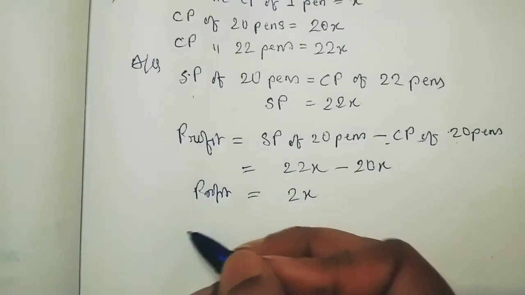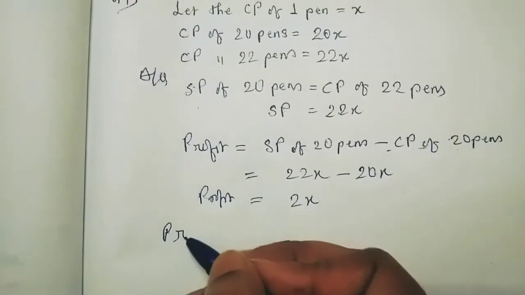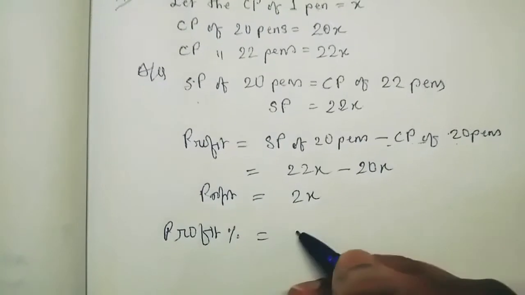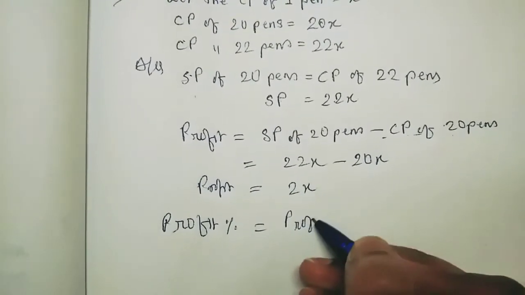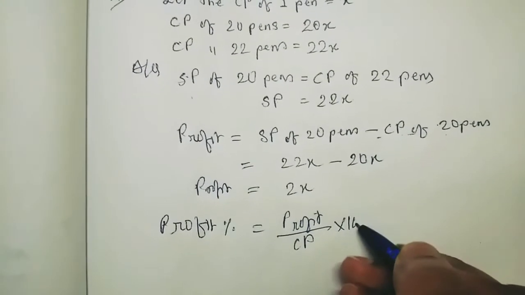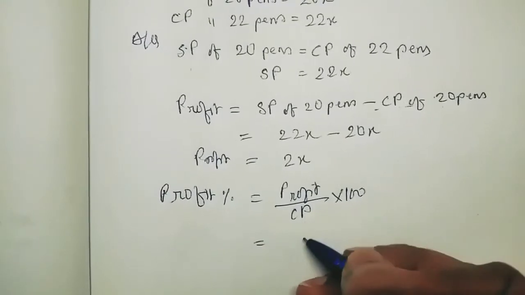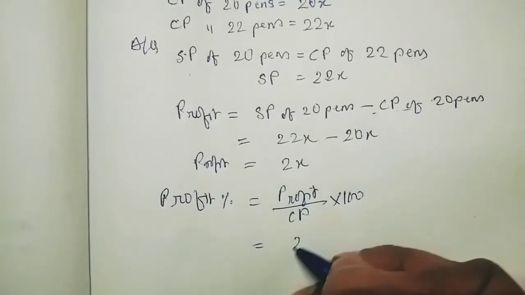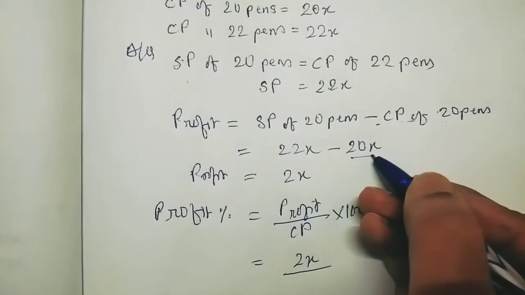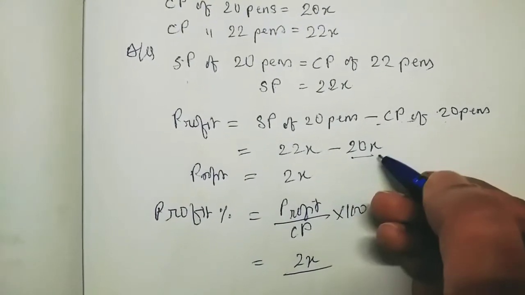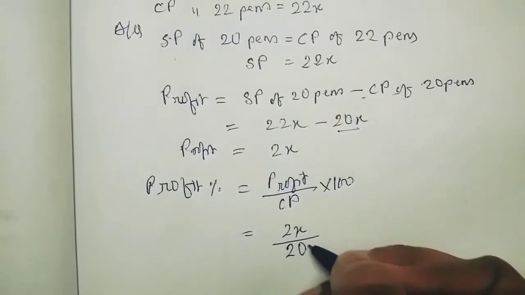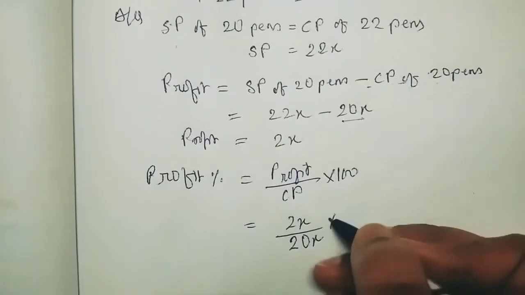But in the question, what is asked? To find the profit percent. The profit percent formula is profit by CP into 100. Now profit, how much did we get? 2X. And CP is 20X, the CP of 20 pens, into 100.